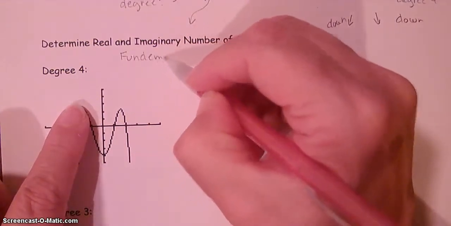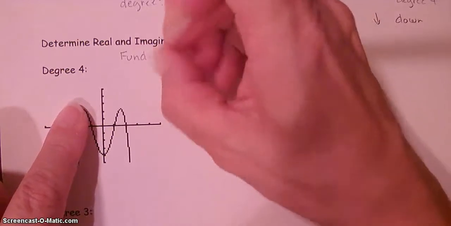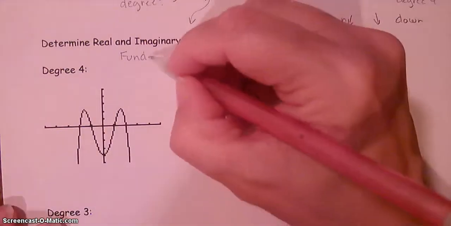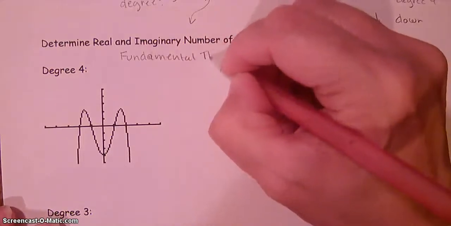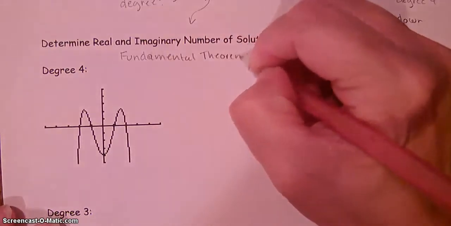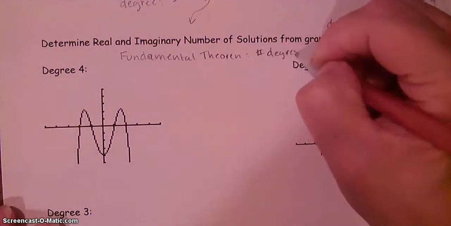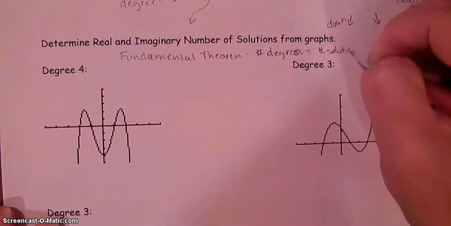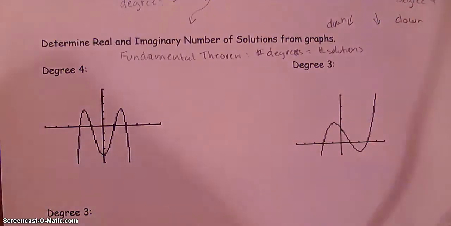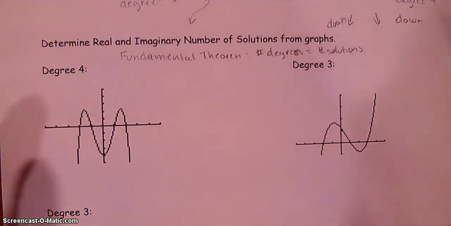What the fundamental theorem of algebra tells us is that the number of degrees is equal to the number of solutions we have. We talked a little bit about that in the quadratic unit, where we had x squared functions. We always looked for 2 solutions. So let's look at these examples here.